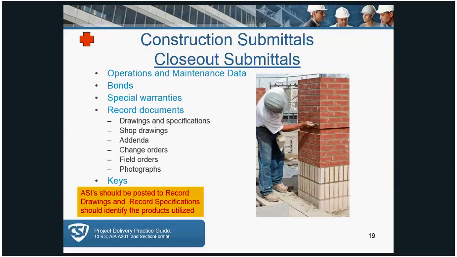It's important to note that the record documents are not referred to as as-built, because that is a higher level of standard or accuracy, and so the correct term is record documents. It may also include special warranties, and a good example of that might be a roof warranty or extended performance warranty for a particular building element or system. Next slide.